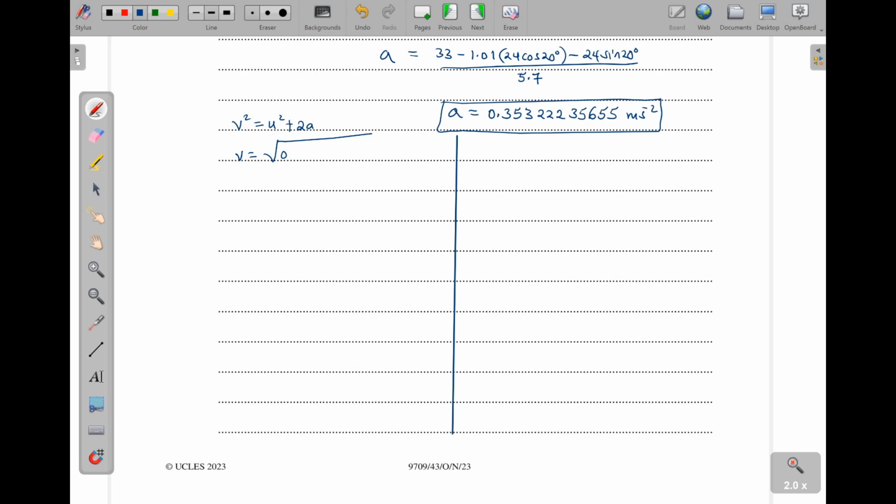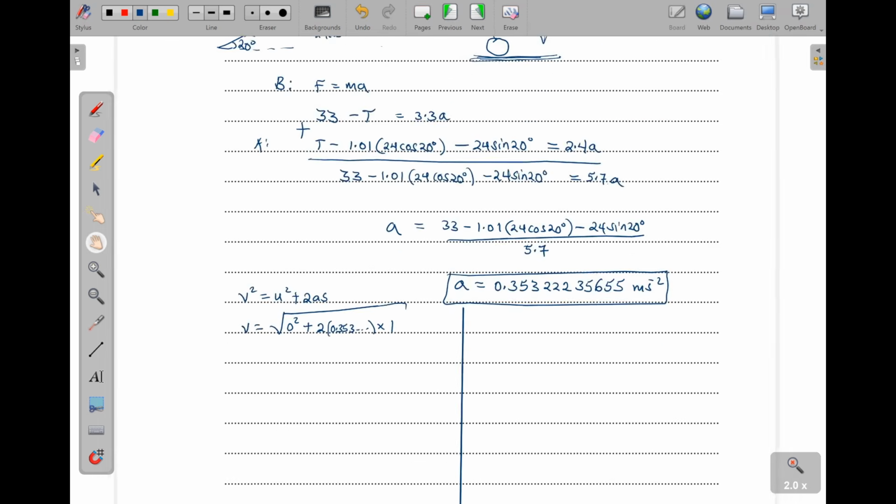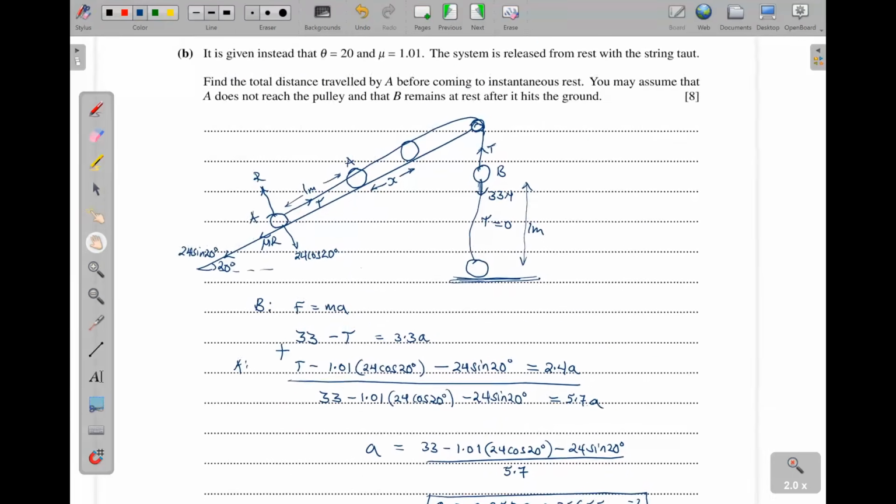The system was released from rest, so that is 0 squared plus 2 times a, there is an s here. Acceleration is this one, which we have gotten, 0.353 and the rest of those figures, times the distance traveled, which is 1.